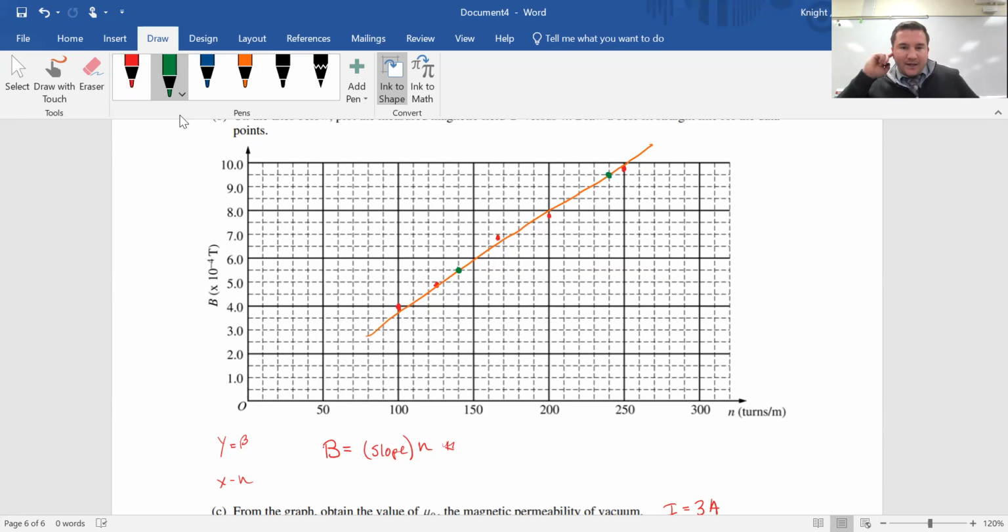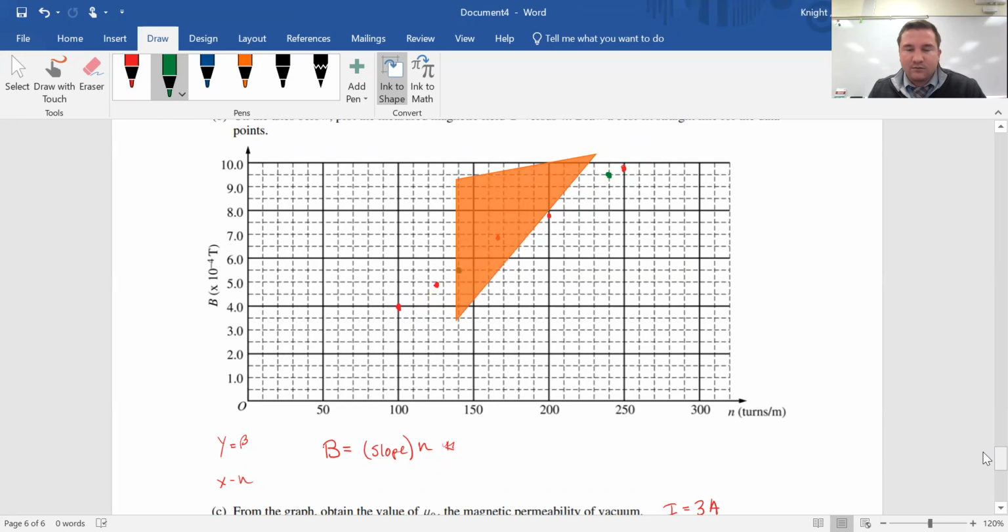So 2 points on the line, and then I just find the slope, which is rise over run. So we go from 5.5 up to 9.5.